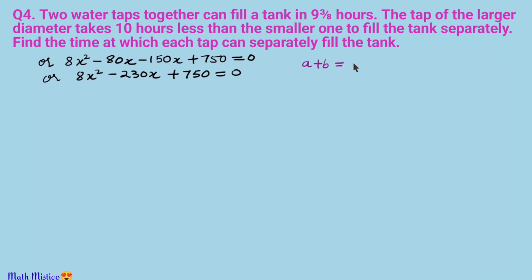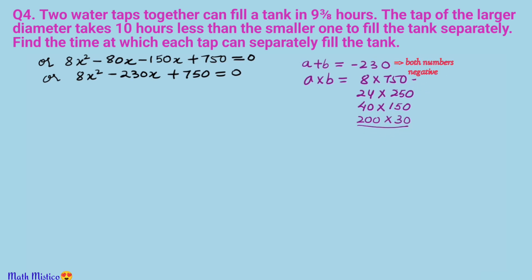A plus b is minus 230 and a into b is 8 into 750. We can again break it into more pairs, and it means 230 are the two numbers. Therefore, 8x square minus 200x minus 30x plus 750 equal to 0.